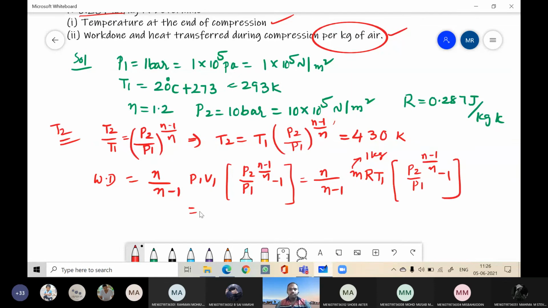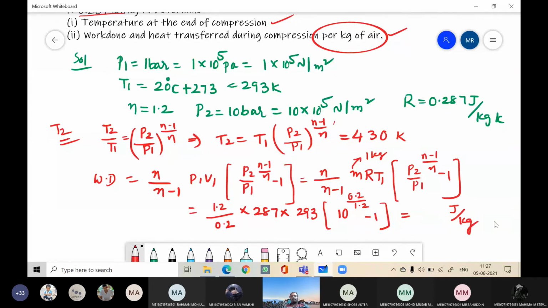So that is equal to n value 1.2 by 0.2 into R value 287 into T1 value 293 into pressure ratio, it is 10 power 0.2 divided by 1.2, minus 1. So you'll get the work done in joules per kg, because he is asking per kg.